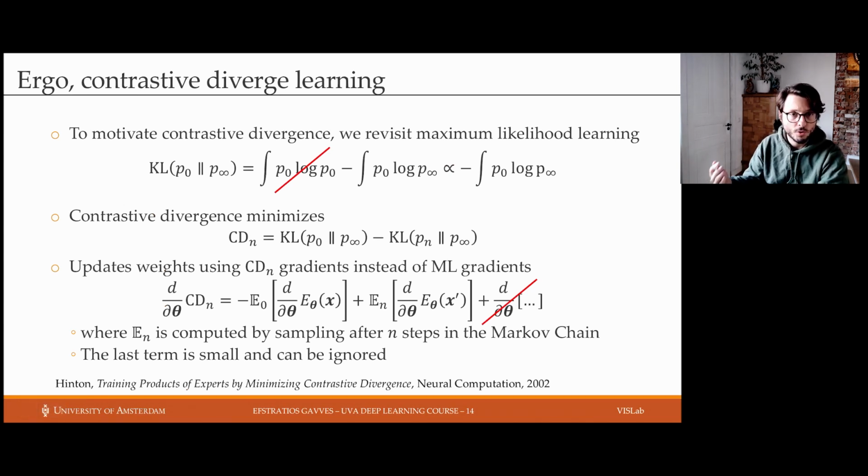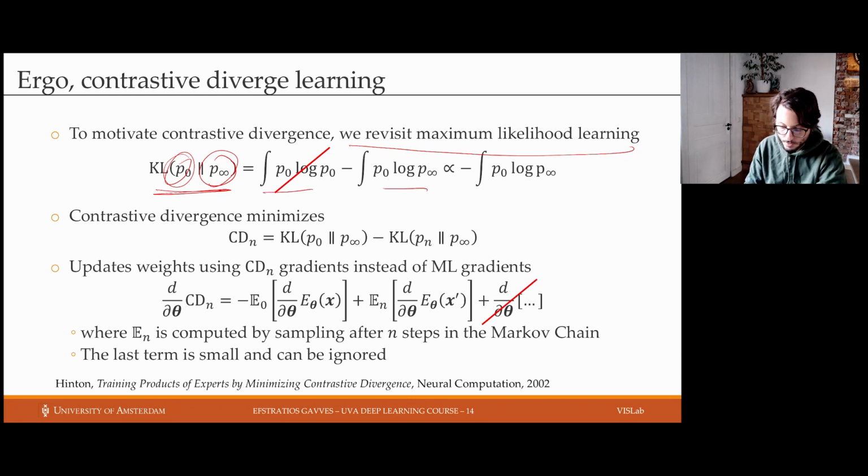To motivate contrastive divergence learning, we should revisit maximum likelihood learning. Maximum likelihood training means basically I want to minimize the KL divergence between the distribution of the training data I have, and the distribution that I am learning with my function P. Now, if you write this down, it comprises two terms.